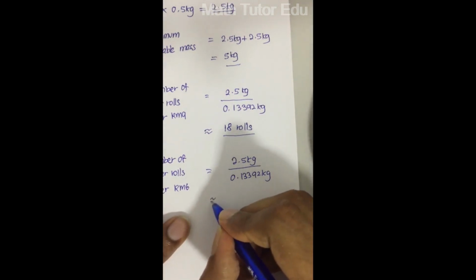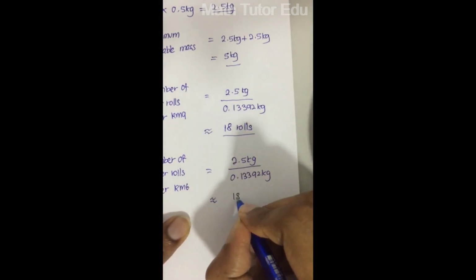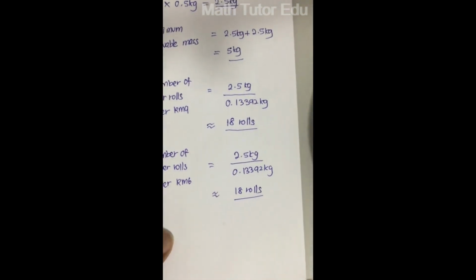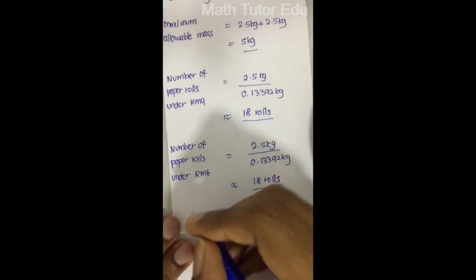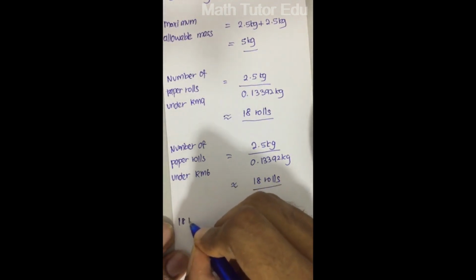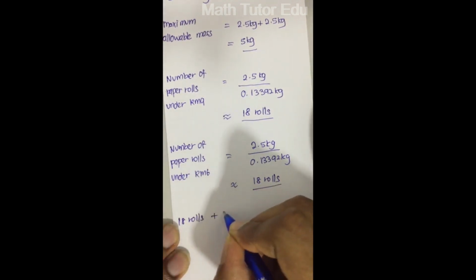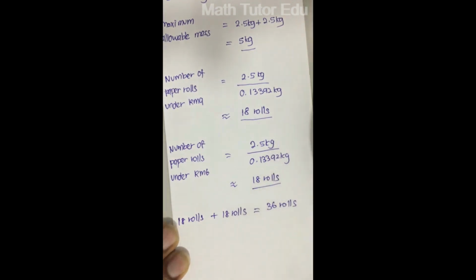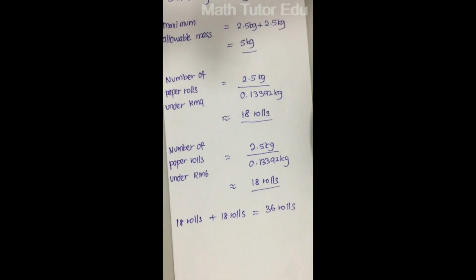You get the same, approximately 18 rolls. So from here 18 rolls plus 18 rolls, you get equals to 36 rolls.